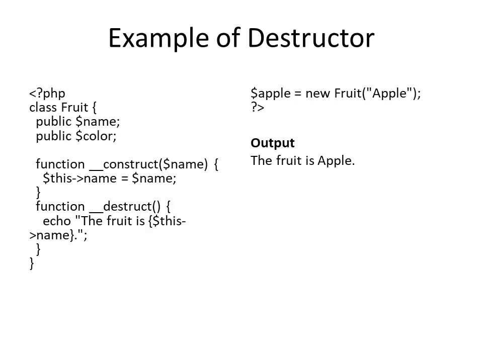So example: class fruit, name, color, then there is a constructor and there is a destructor. For demonstration purposes I have called this destructor, otherwise there is no need to call the destructor in your code. It gets automatically called when it sees the end of code.